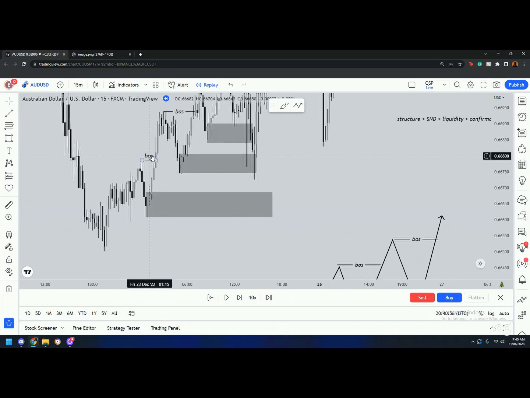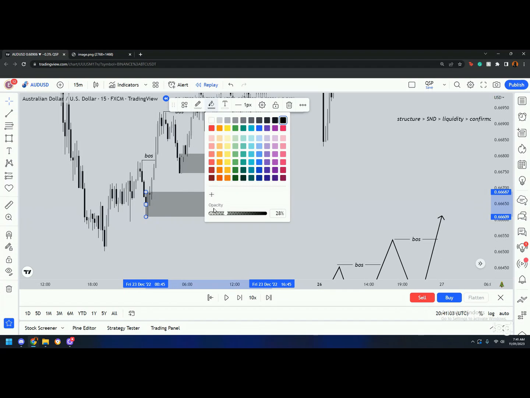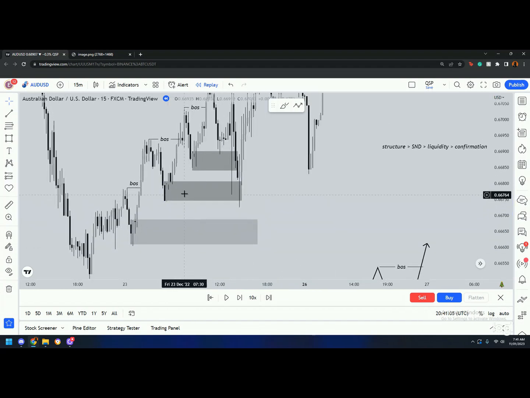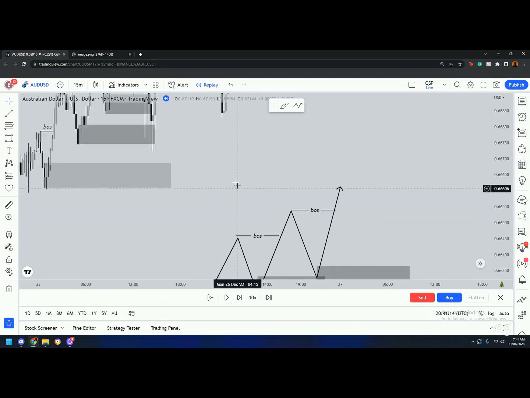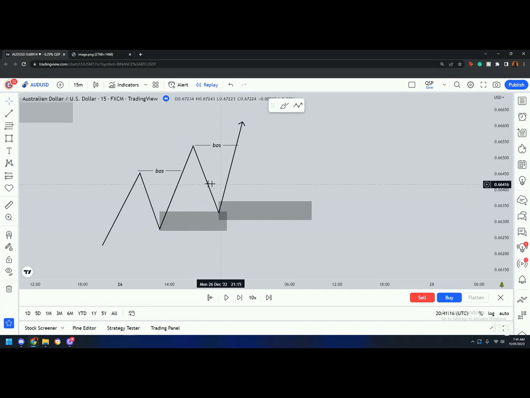We marked the whole thing out. Same as here. This break structure, and this black candle was the lowest move here. So that's the demand zone. So for here, that's what we did.